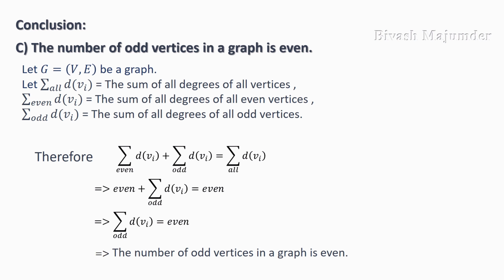And summation of odd dvi equals the sum of the degrees of all odd vertices. Therefore, summation of even plus odd dvi equals summation of all dvi, which implies summation of odd dvi equals an even number. Therefore the number of odd vertices in a graph is even.